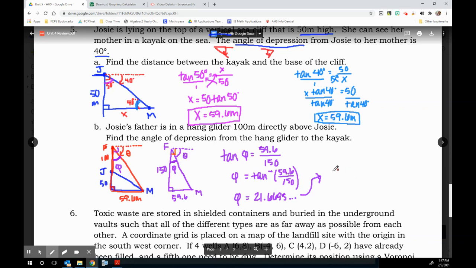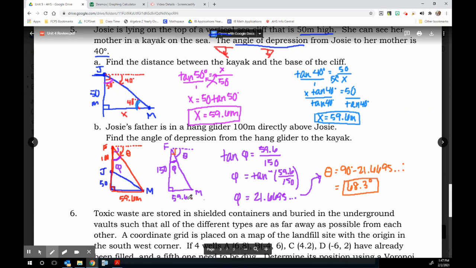They add up to 90 degrees. So I can find theta by doing 90 minus that 21.6695 I just got, which means it is, rounding to 3 sig figs, 68.3 degrees.